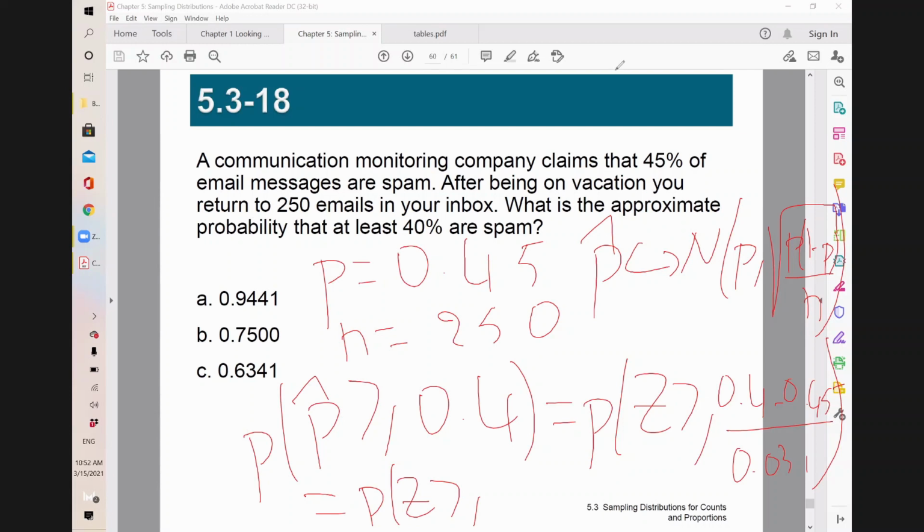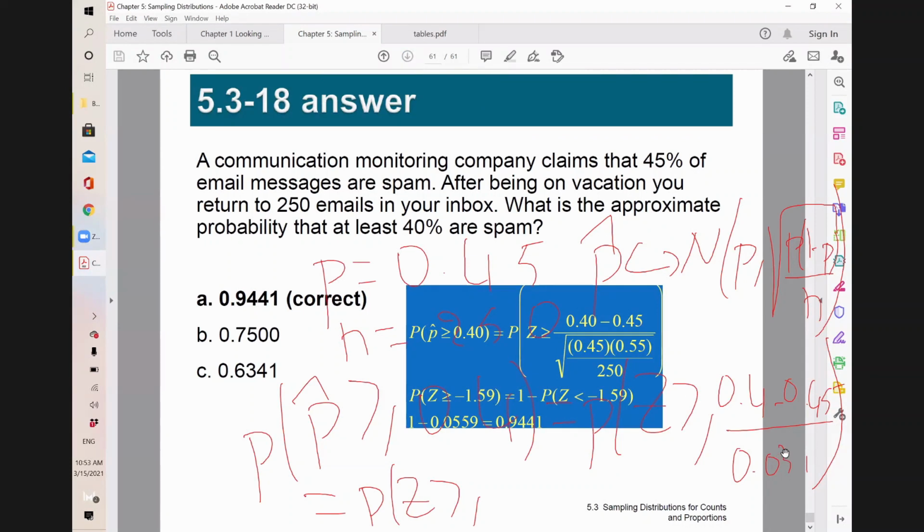This value is equal to minus 1.59. It's the probability of Z more than minus 1.59. Be careful, it's negative. Then the probability of Z is more than minus 1.59.